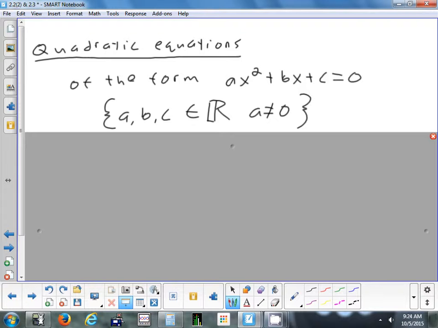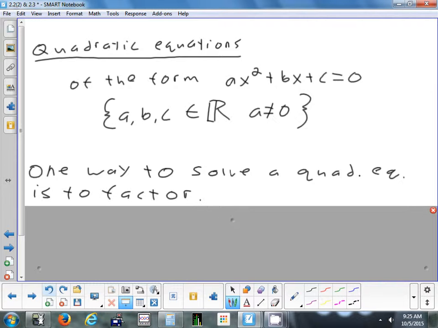What would happen if A was 0? Yeah, all you'd have is bx plus c. And if you graph that, that's not a parabola. That's a straight line, a linear equation. So we don't want A to be 0. That would wipe out the quadratic part of it.